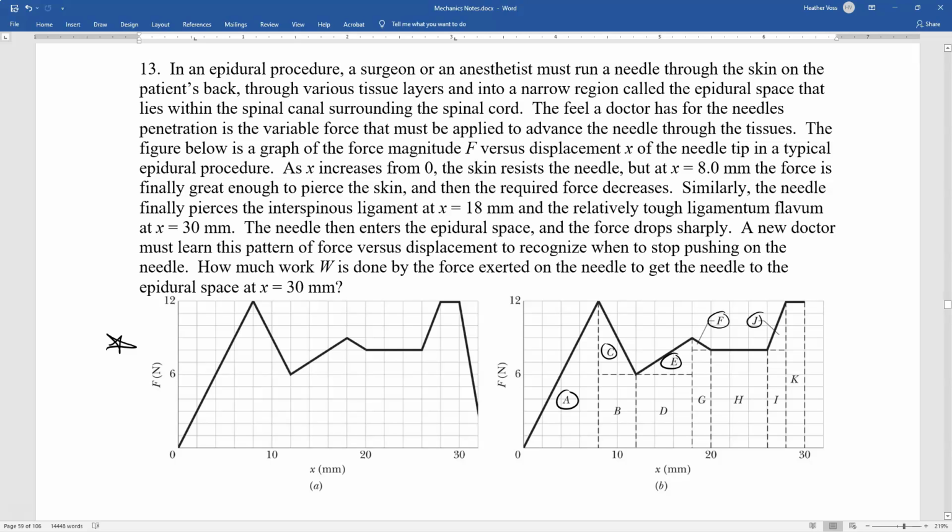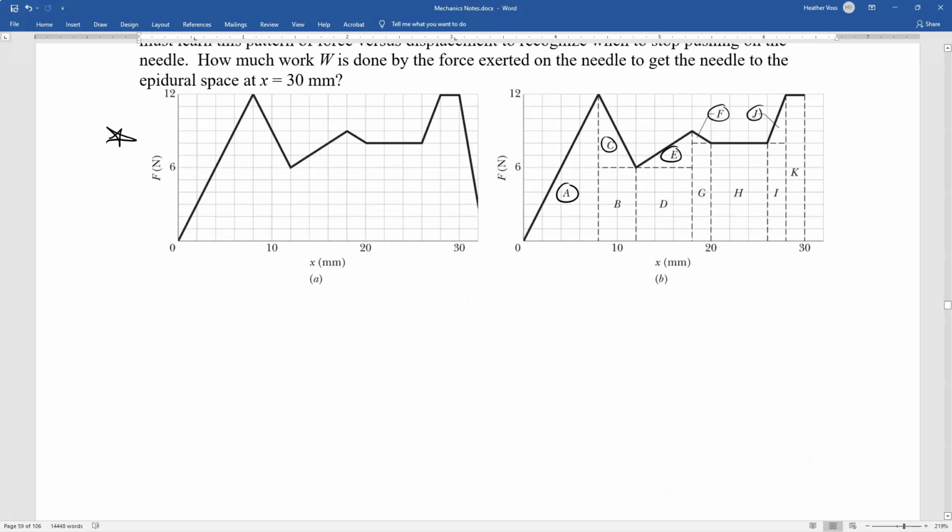So if I wanted to work this out, literally what I'm going to do is calculate the area of each of those regions. So the work done by the force for region A is going to be 1/2 our base. So we've got 2, 4, 6, 8.